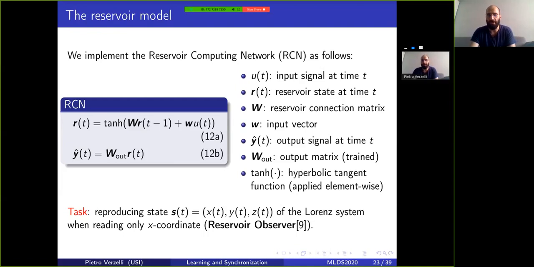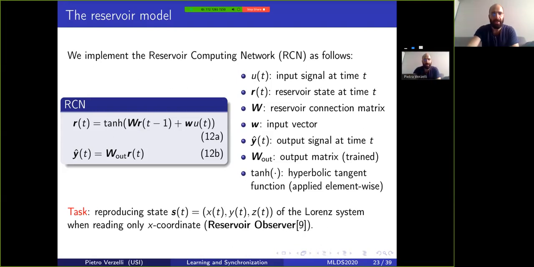And then, of course, you need some nonlinearity. We also choose a readout function psi, which is in our case linear. So W_out will be just a matrix taking the reservoir state and mapping it into the desired output. And that's what we are training, right? What we want to train is this W_out.